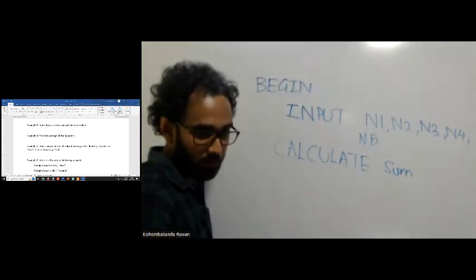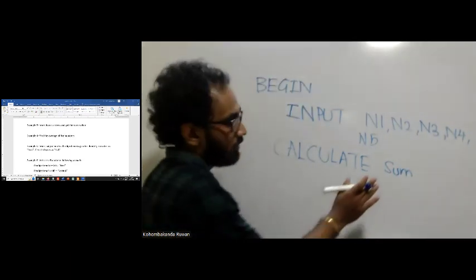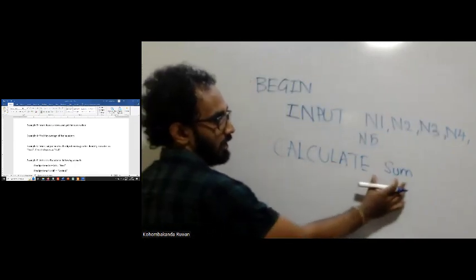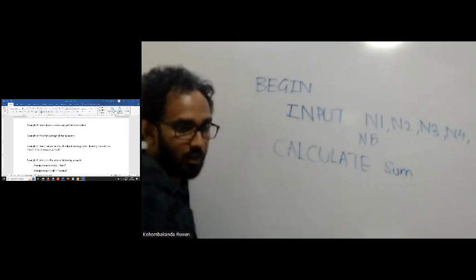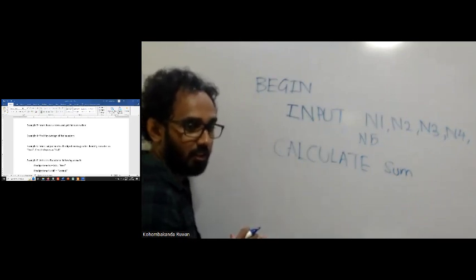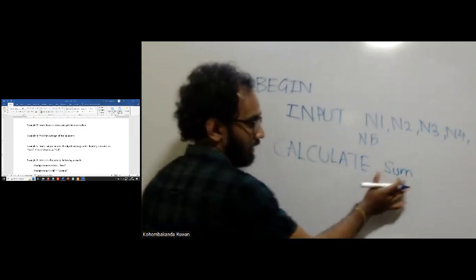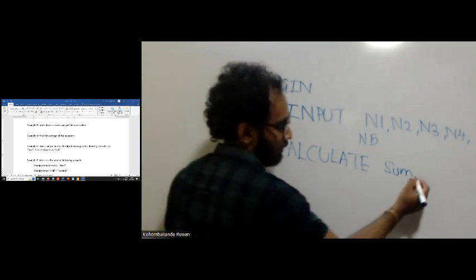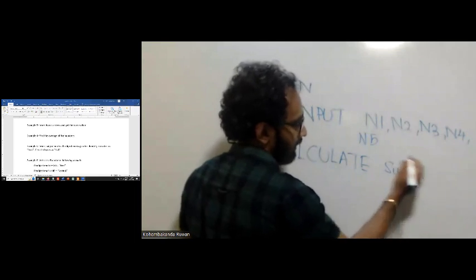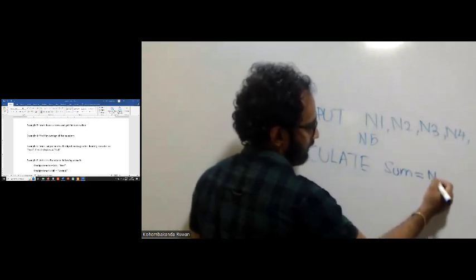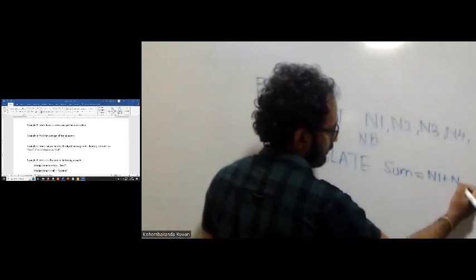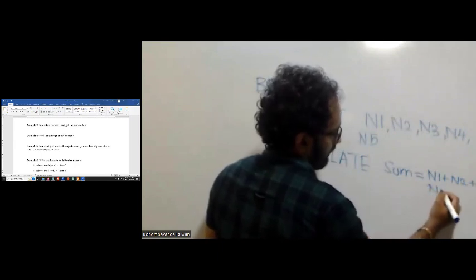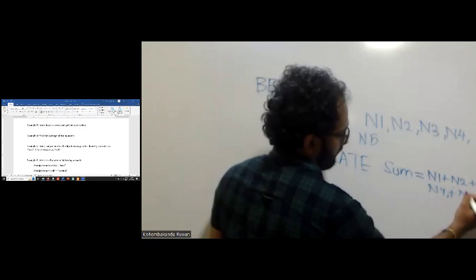The question mentioned average, no, sir. The first thing is we have to calculate the sum. After that, we can calculate the average. First I will calculate the sum. How can we calculate the sum? Get the summation: n1 plus n2 plus n3 plus n4 plus n5.